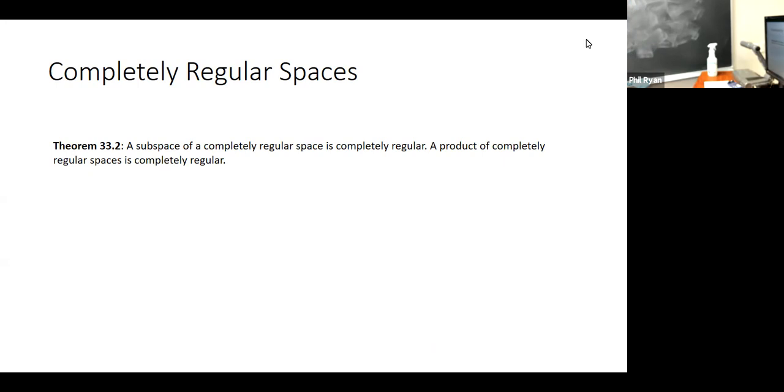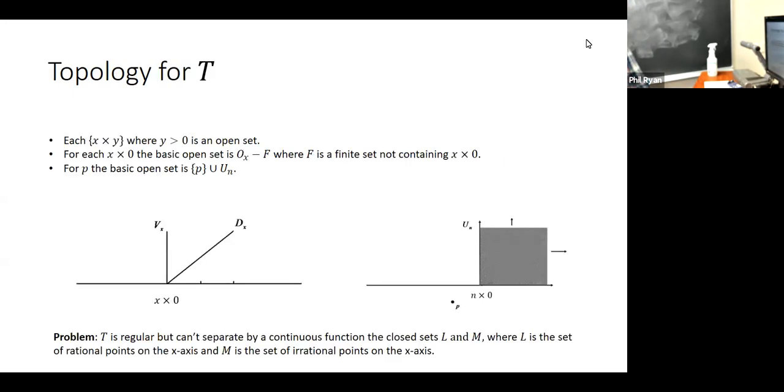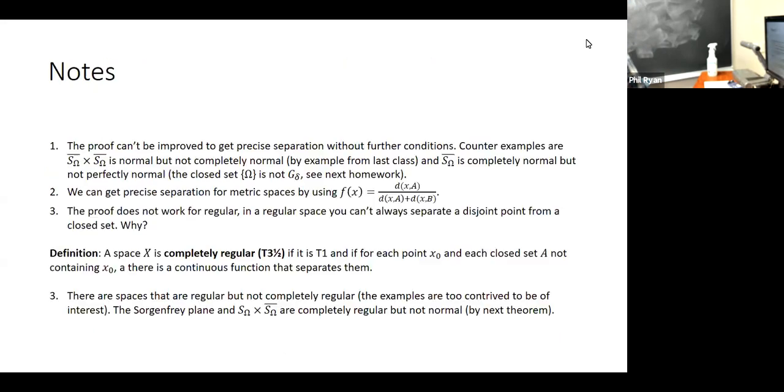But completely regular spaces are really nice, in the sense that a subspace of a completely regular space is completely regular, and a product of completely regular spaces is completely regular, as distinct from normal. And so this is why these spaces here are completely regular, because what was it?